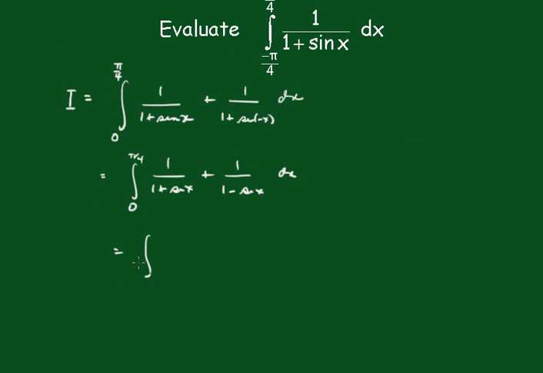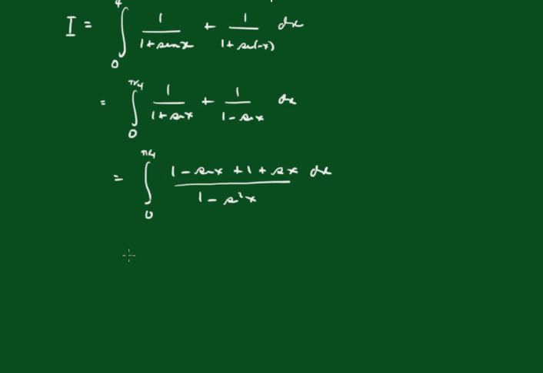And putting that over a common denominator, you get 1 minus sine x plus 1 plus sine x all over 1 minus sine squared x, which is 2 outside of 1 over cos squared x dx between pi upon 4 and 0.